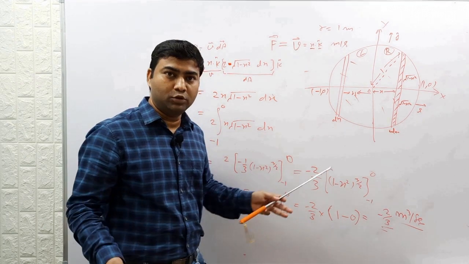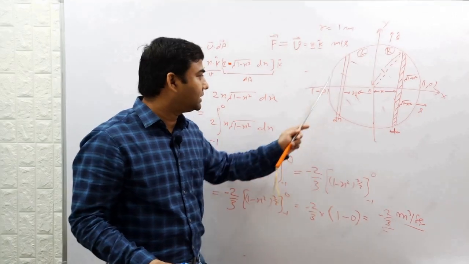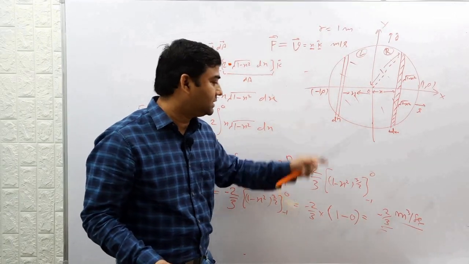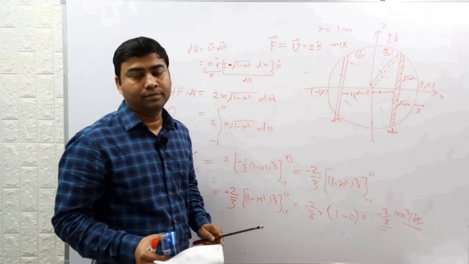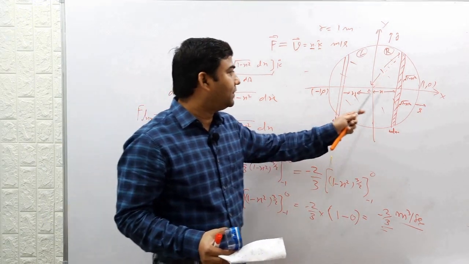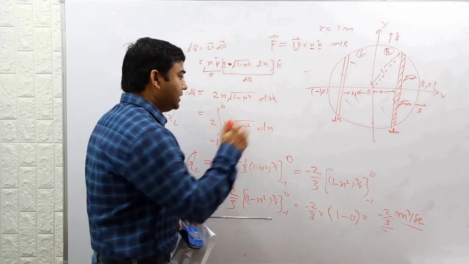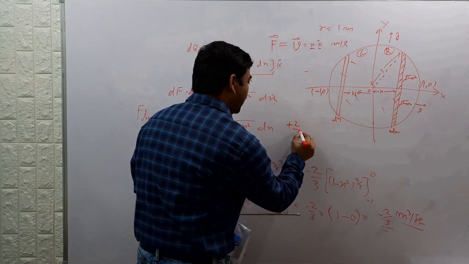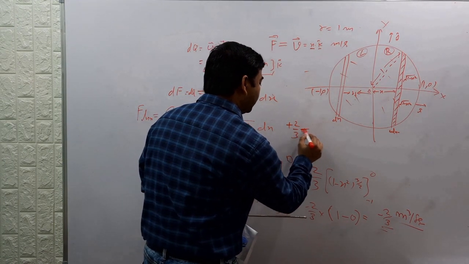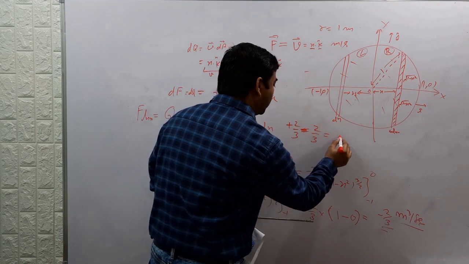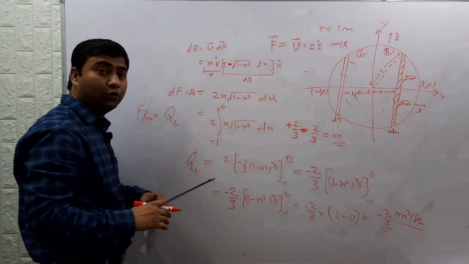So both vectors are in opposite direction, hence the dot product in this left region is negative. So the total flux through this area is plus 2 by 3 minus 2 by 3 is equal to 0.